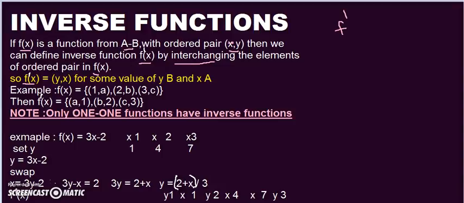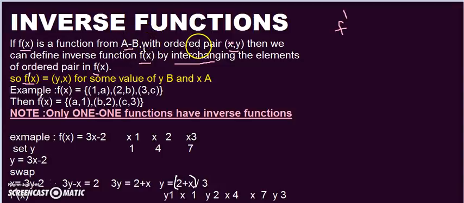So f inverse, or we can even say f dash, of x is equal to y comma x. Why y comma x? Because the definition says you have to interchange the elements x comma y to get f inverse of x, for some value of y in B and x in A.